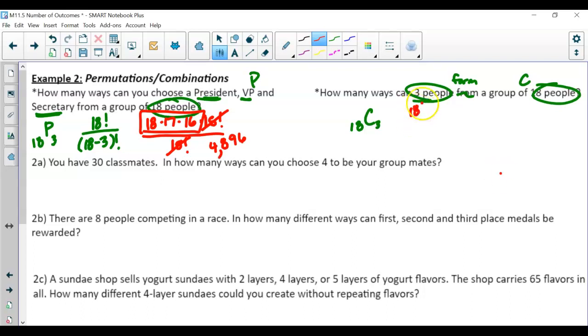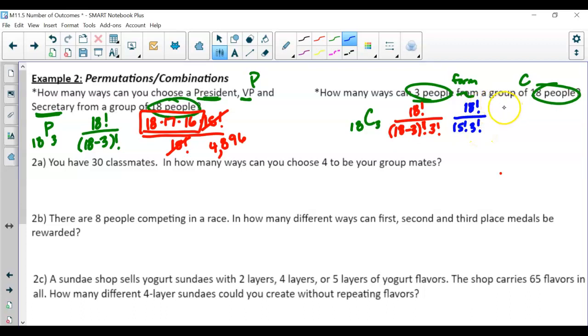So this is your 18 factorial over. Remember again, right? You're going to subtract 18 minus 3 factorial. But now multiply this by the 3 factorial. So this is a little different, but again, this is 18 factorial divided by 15 factorial, but also times 3 factorial.